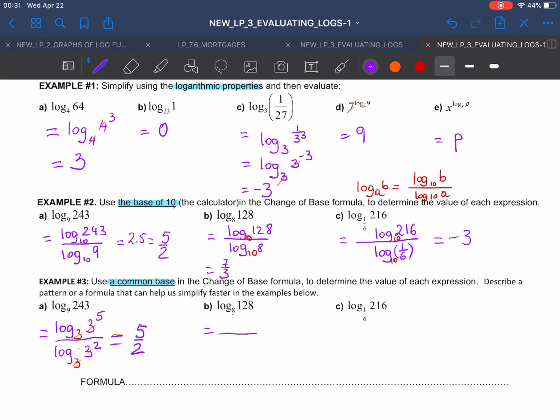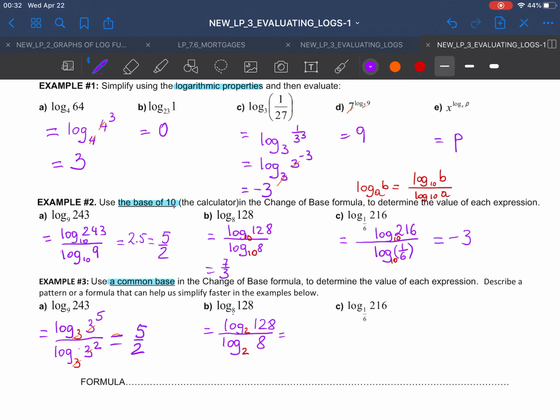So we'll rewrite this. We're going to have log 128 over log of 8. And we said that the common base can be number 2 because both 8 and 128 can be expressed as exponentials with base 2.